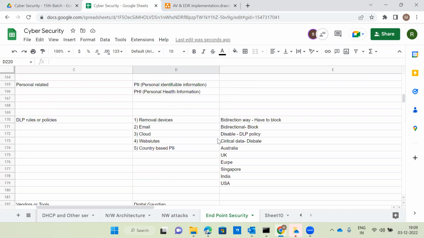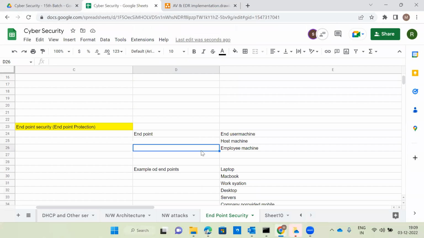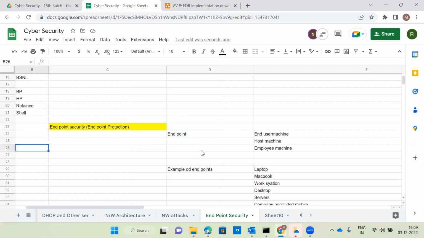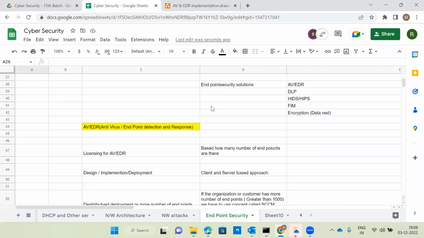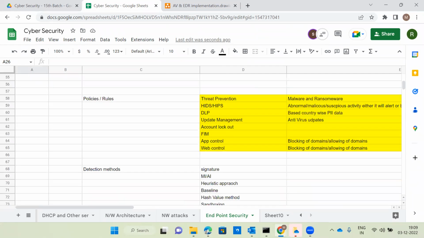Morning we already discussed this. You can see the HIDS HIPS capability there also. Nowadays most organizations are purchasing EDR, not a dedicated HIDS HIPS tool, because the EDR tool already has the capability of HIDS HIPS. But they are still purchasing DLP.